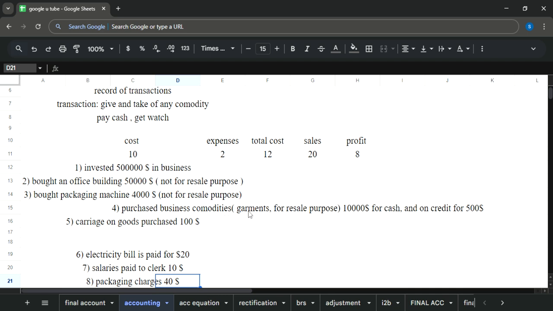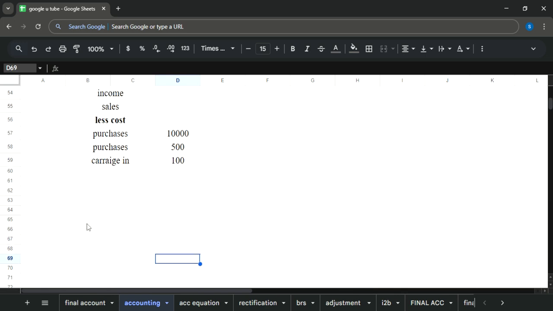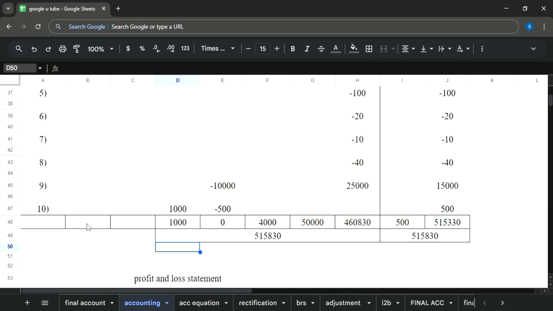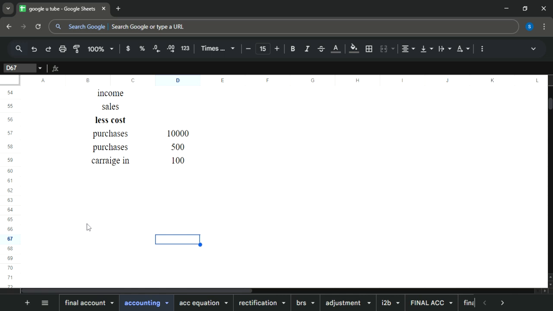If you are doing your garments business, electricity bill has no concern with the garments. So that is why the nature of these expenses is different to the expenses which we have made directly for your trading account. Okay, so purchases paid is your direct expense, and here we will be creating a little bit of new place for operating cost.